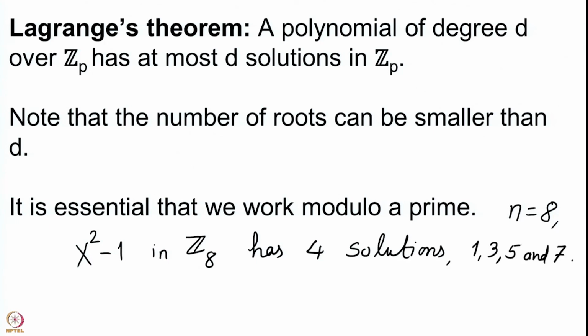You have 4 solutions which is bigger than the degree. So, indeed it is very much important that you work modulo a prime. If you work modulo a composite number, then Lagrange's theorem need not hold.